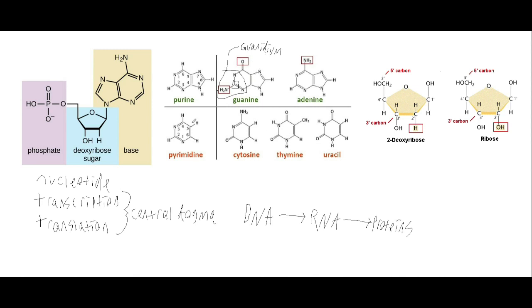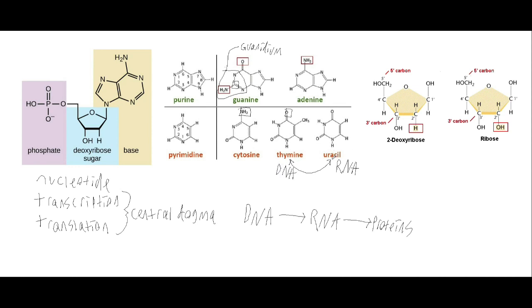And then we have the pyrimidines, which are all this single ring structure here, and so cytosine has this primary amine up here. Thymine has this double bonded oxygen rather than this primary amine, and then thymine and uracil are the same, except uracil is found in RNA and thymine is found in DNA.